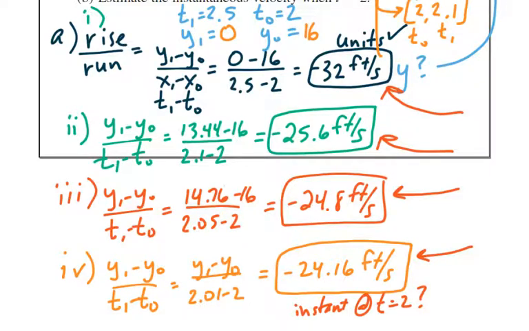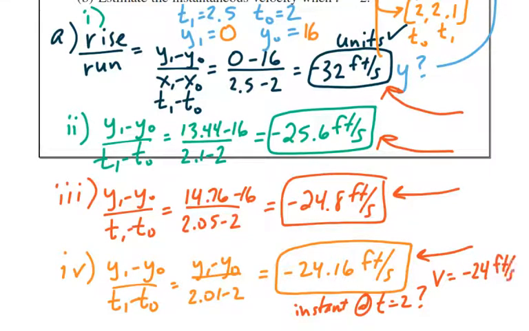From negative 32 to negative 25.6, negative 24.8, negative 24.16, what does it feel like I'm getting really close to? There are a lot of different answers you can put, but I would say maybe the instantaneous velocity would be about negative 24 feet per second.